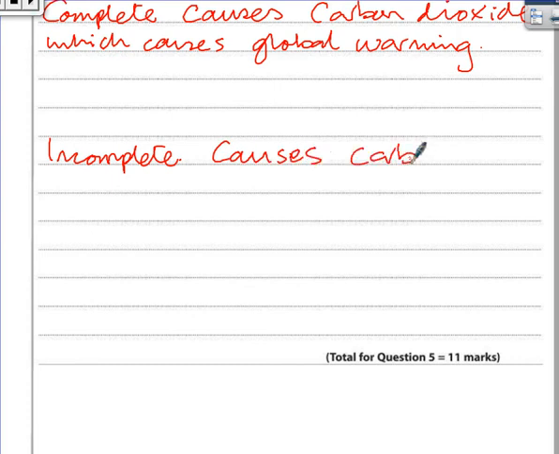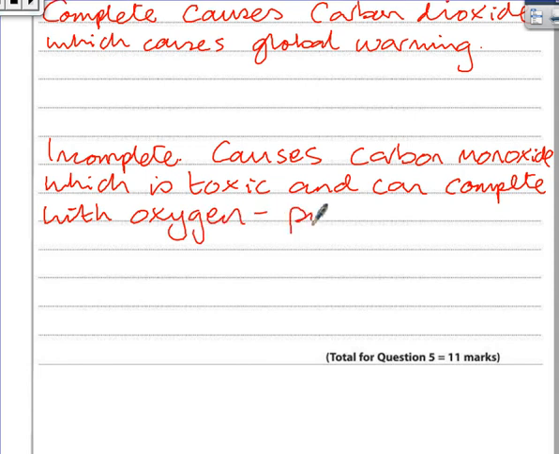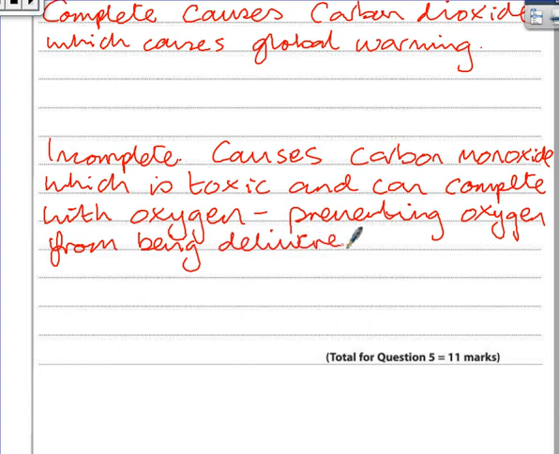Incomplete combustion gives off carbon monoxide, which is toxic and can compete with oxygen, preventing oxygen from being delivered to our body cells.